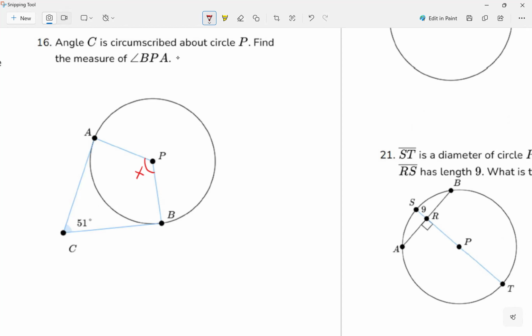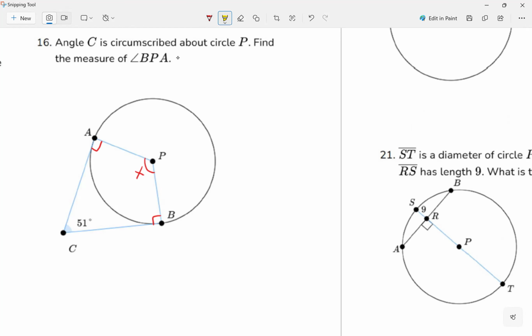A couple of things that I know is that there are two 90-degree angles. You see that? There are two 90-degree angles. Why? Because when the tangent line and a radius intersect, they make a 90-degree angle.